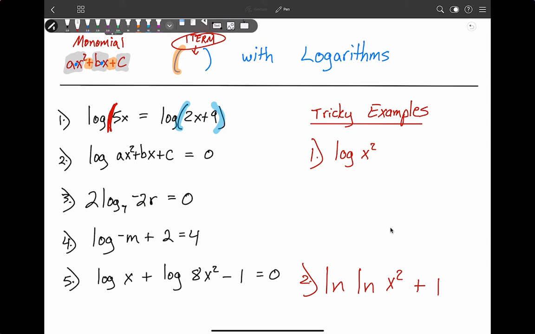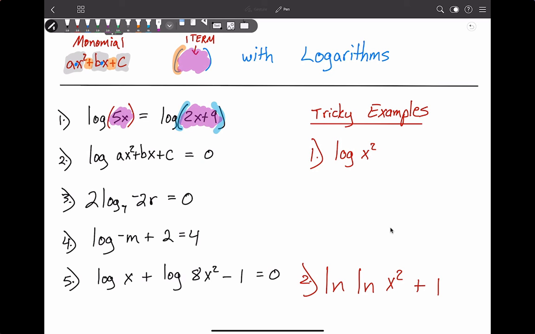After it finishes, that's when I stop the parentheses. So 5x is glued together with multiplication. That's how I know that the 5x goes in parentheses. That is your argument, meaning whatever's inside the parentheses.